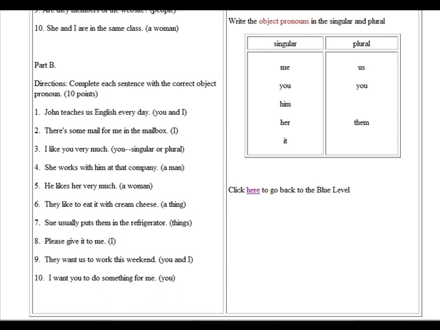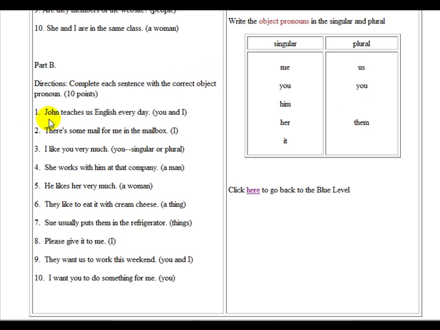Now, we just did the subject pronouns, and this is the object pronoun. In other words, that which receives the action, like any object. And they are me, you, him, her, it, in the plural form, us, you, them.